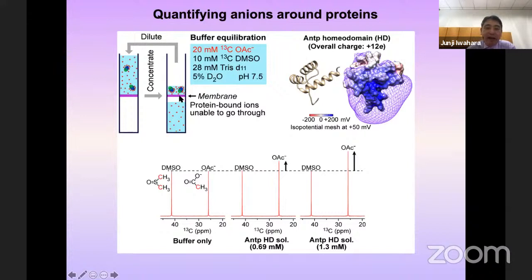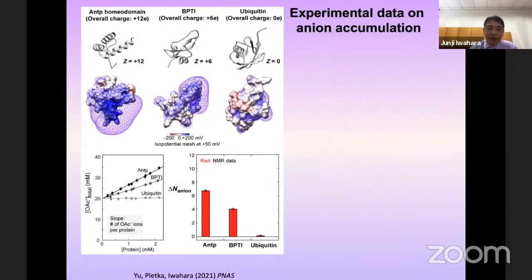The ions bound to macromolecules cannot go through the membrane used for buffer equilibration, so the overall concentration of ions becomes higher. Using this, we can measure the actual ion excess for the ion atmosphere of these positively charged proteins.